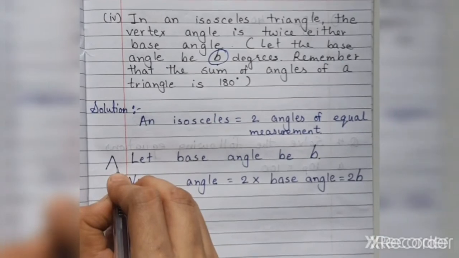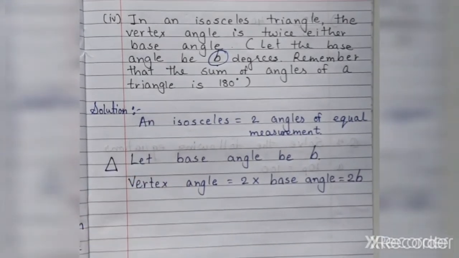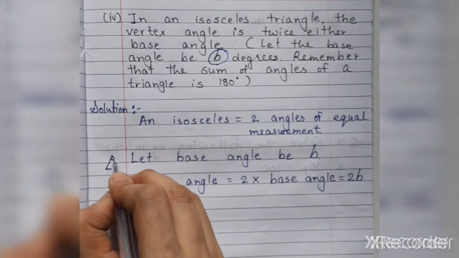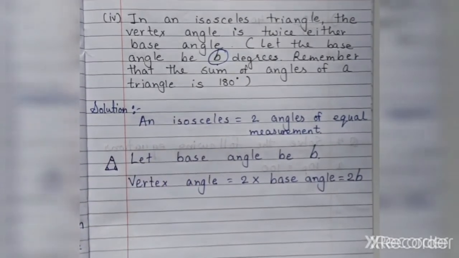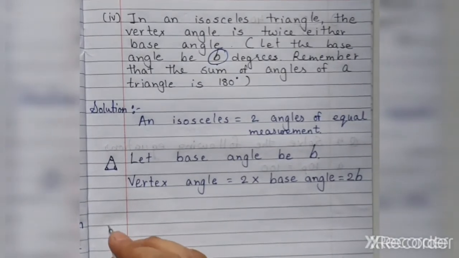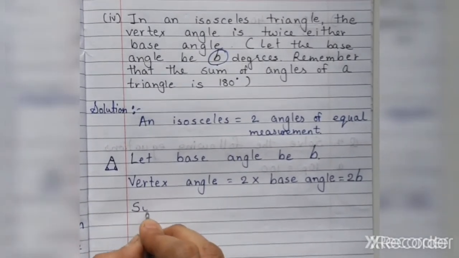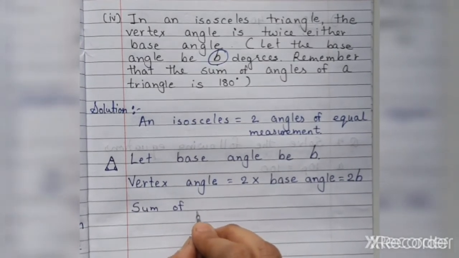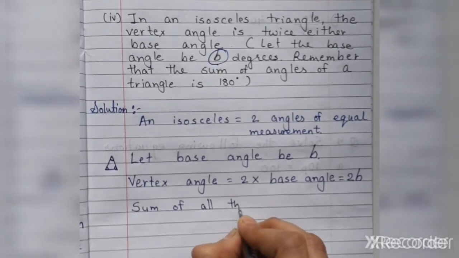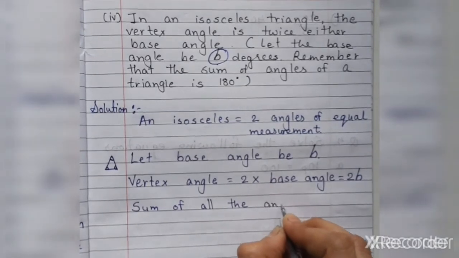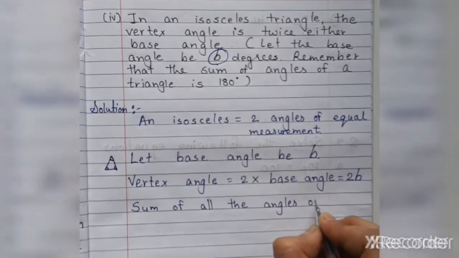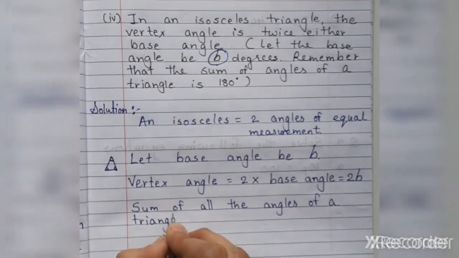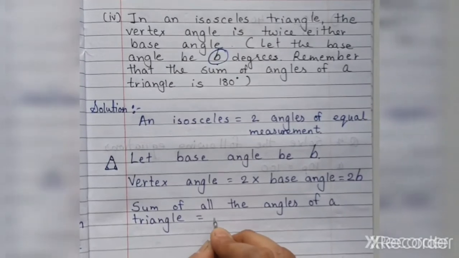Suppose this is our isosceles triangle. This is vertex angle and these are base angles. Now, what is the sum of all the three angles of a triangle? It is 180 degree.